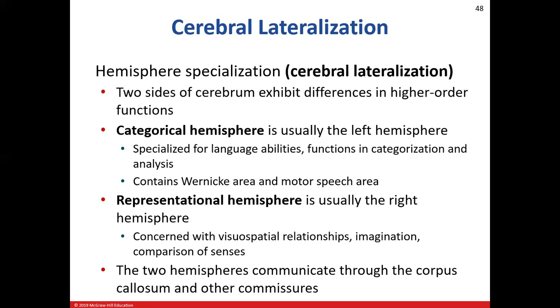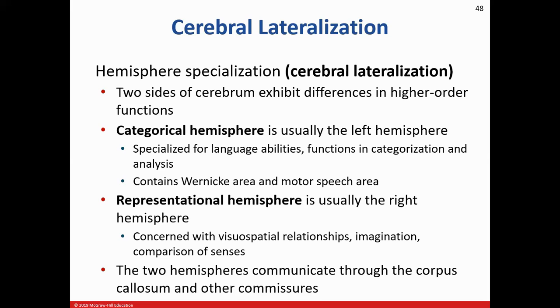Categorical hemisphere is typically the left side. This hemisphere is usually specialized for language abilities, and it functions in categorization and analysis. It's usually this left hemisphere that contains Wernicke's area and the motor speech area.